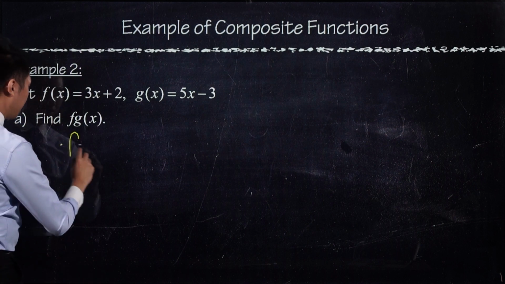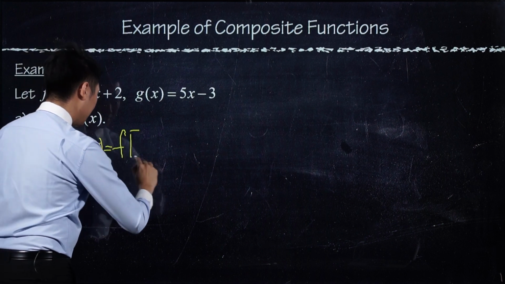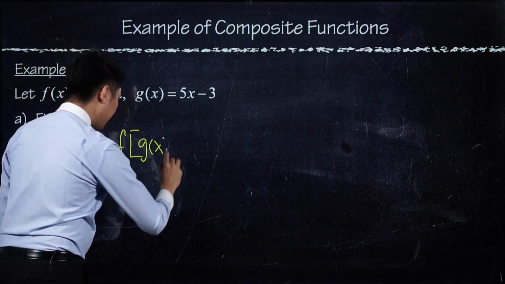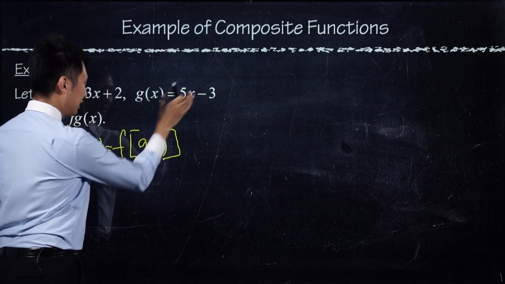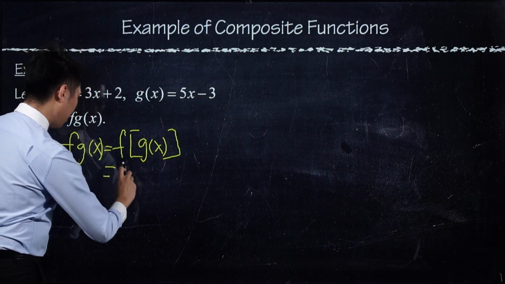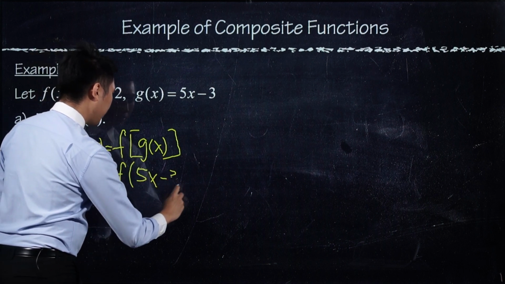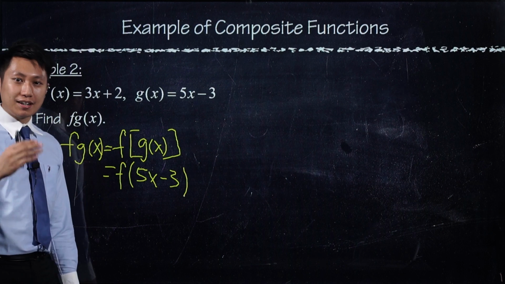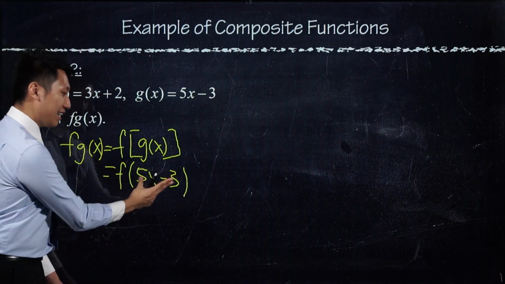fgx is equal to f bracket gx. Then I have to ask myself, what is gx? gx is this thing, so I copy the whole thing: f of bracket 5x minus 3. Remember the joke last time: f of Kayla is one thing.